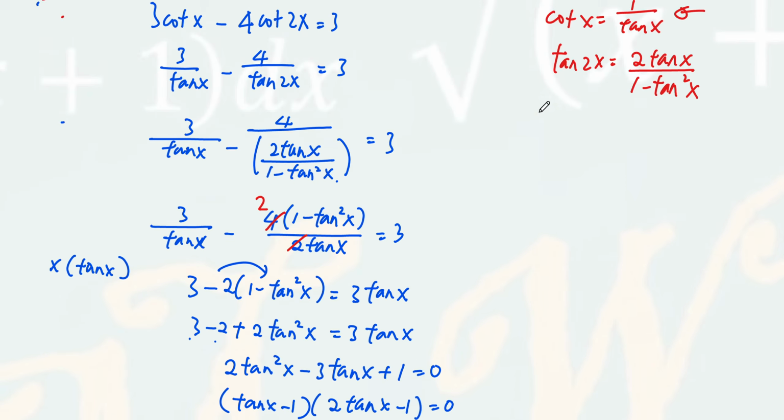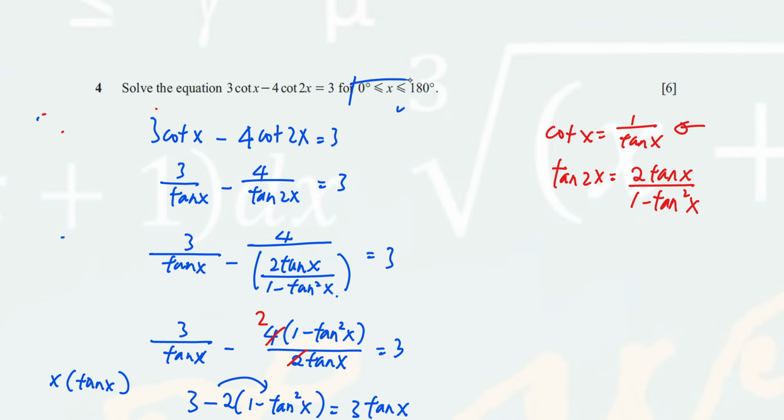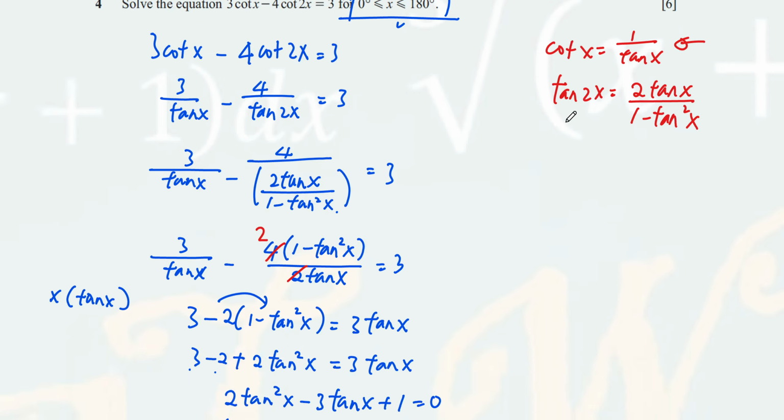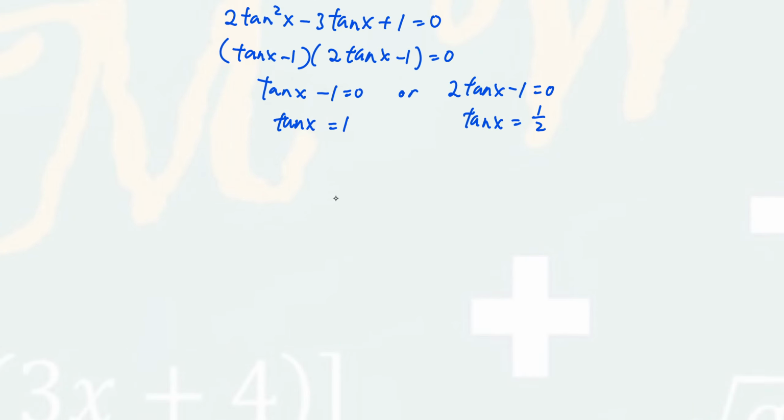Okay, so now look at the interval. The x is from 0 to 180 degrees, which means it is in the first two quadrants. So I will draw the quadrant diagram for each. Okay, so when tangent x equals to 1, that means it is in first quadrant. Tangent x is half also first quadrant, because first quadrant is positive for all functions and also third quadrant for tangent.